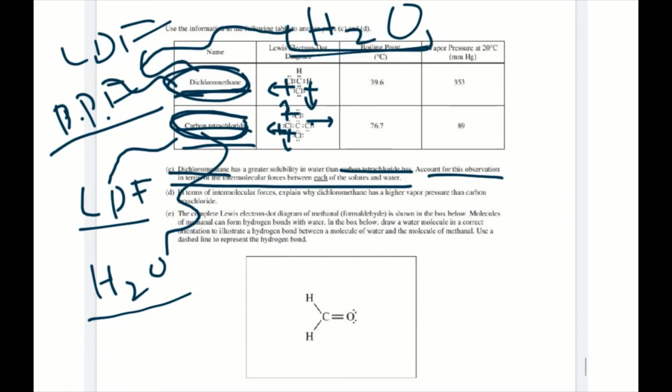And because these dipole-dipole forces that form between this and water are stronger, it is more likely to dissolve in water, and thus it has a higher solubility. So I'm not going to write that, but we will look at the explanations later.